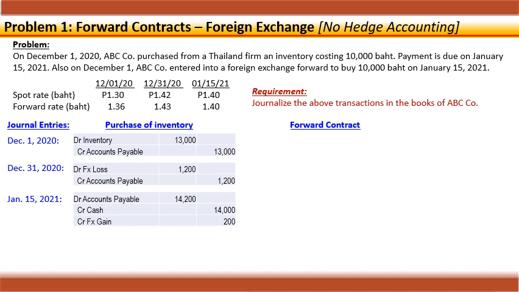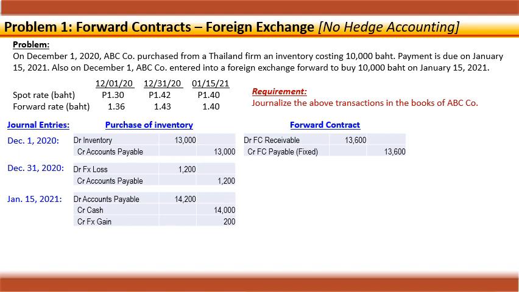Now, hiniwalay ko yung entrada mo sa forward contract kasi ibang tao yung counterparty mo dito. Usually, you'll enter with the financial institution, kunwari bank, ganyan, to enter into a forward contract. So, nung December 1, nag-enter ka into a forward contract, meron kang debit forward contract receivable, credit forward contract payable, which is based on the forward rate. Yung forward rate, sinasabi lang niya na ang spot rate mo, ang foreign exchange as of December 1 is 1.3.